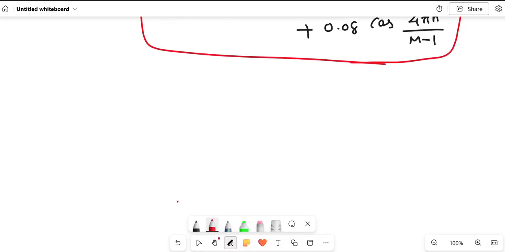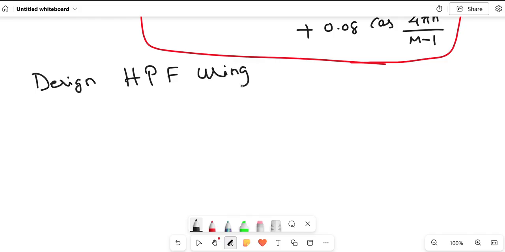Now we will take one problem: design a high pass filter using Hamming window with a cutoff frequency.